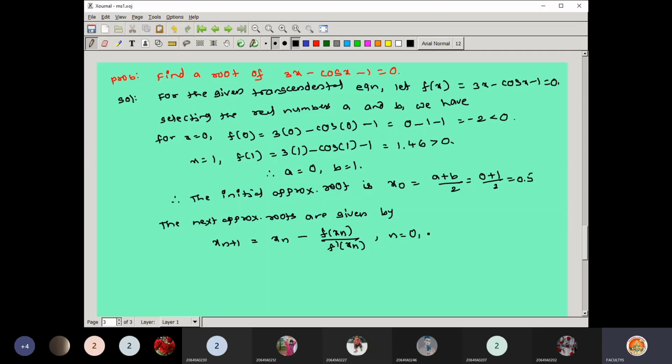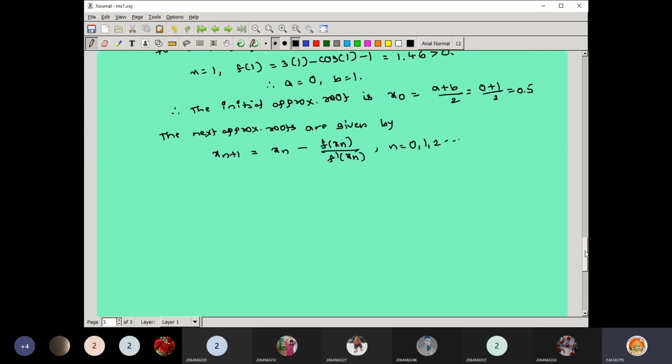Here n is taking the value 0, 1, 2 and so on. Now you substitute the values and make the simplification. You just find out the derivative of the given function as it is. X is replaced by xn.